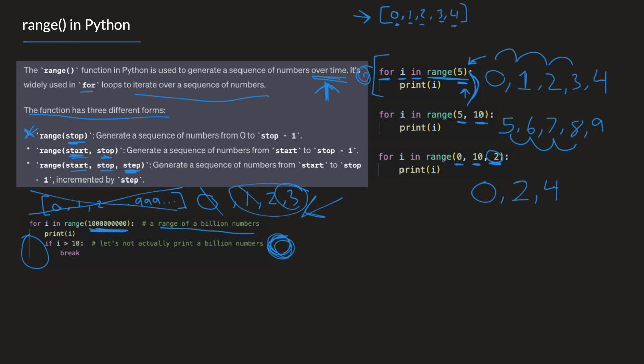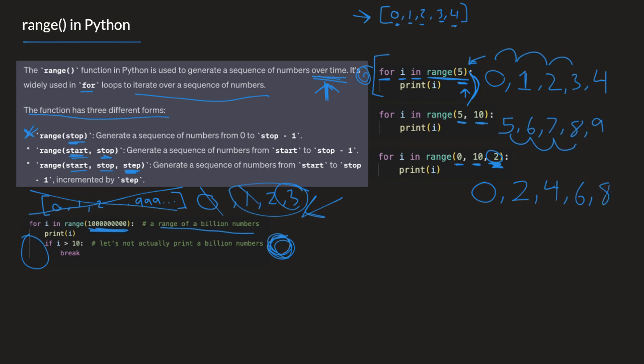And when I say just the next number, I mean the next number in the sequence, keeping in mind the step of that particular range, of that particular sequence. And we continue to iterate and then print out i until we get to 8.